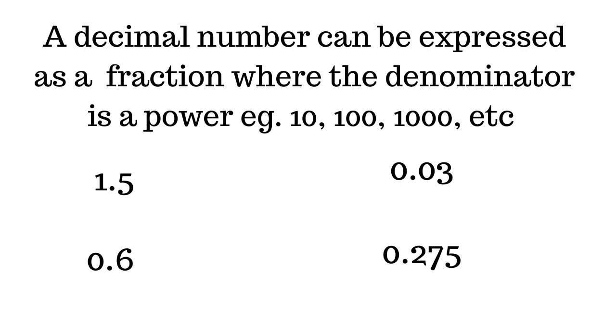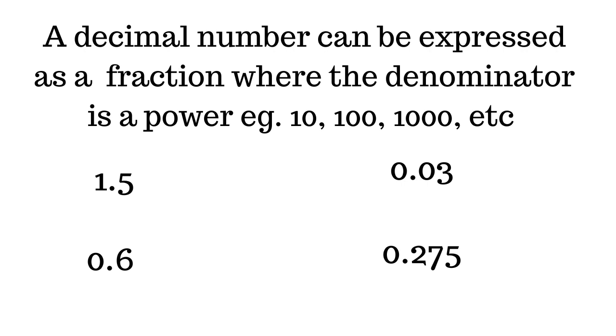So if a decimal number has one decimal place, you take off the decimal point and you have that number over 10. If it's two decimal places, you take off the point and you have the entire number over 100. If it's three decimal places, you take off the decimal point and have the entire number over 1000.